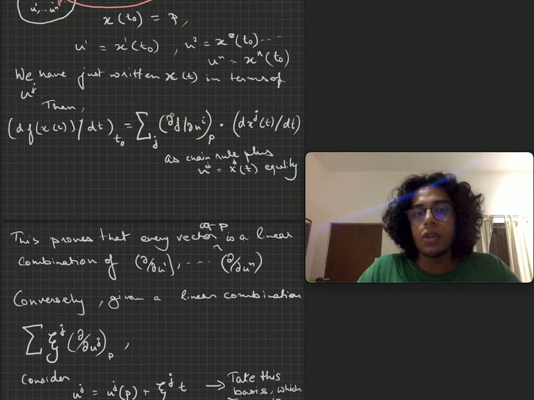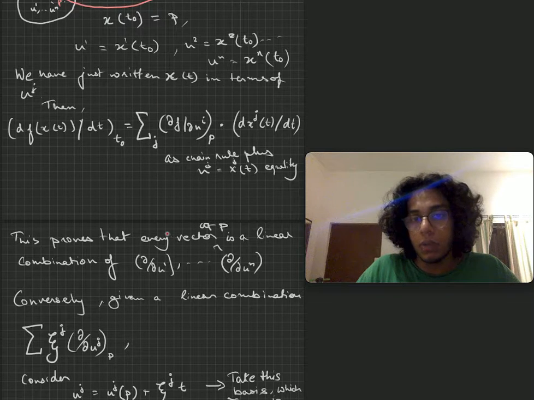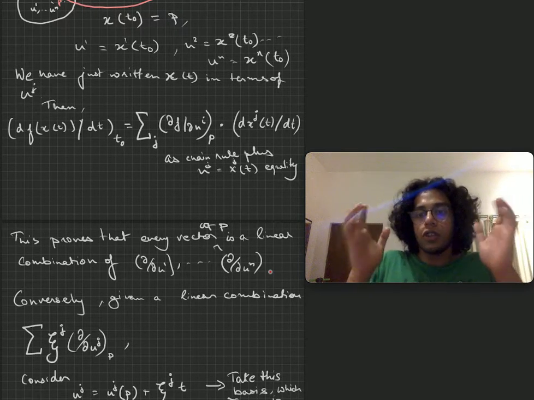So you can take dou by dou u, the partial derivative with respect to uj, as the basis of your vector space. So every vector at p is a linear combination of the basis of the vector space, which is basically the definition of a vector space.